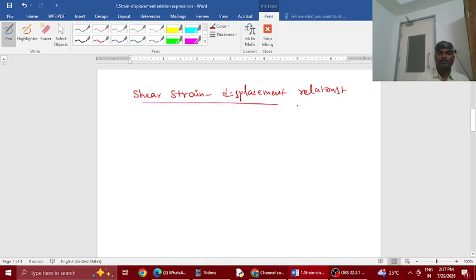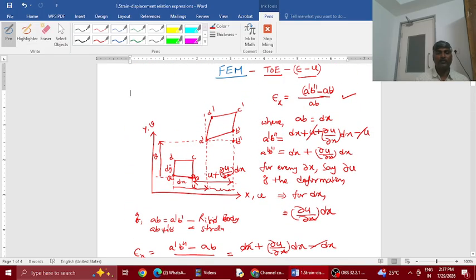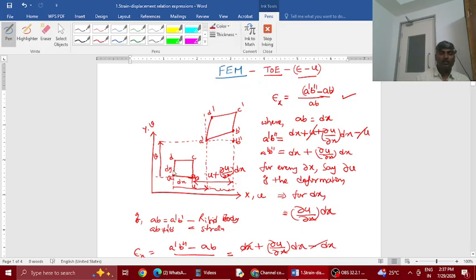Okay. Yeah, we consider the same diagram. Let us see the same picture. Okay, so shear strain is defined as when you pick two right angled lines.